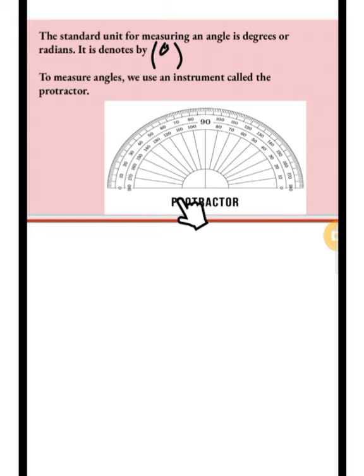See here, it has two scales, the outer scale and the inner scale. Both the scales have 0 degree to 180 degree. Let us see from this right side. We start from 0 and it ends at 180, so we call it 0 degree to 180 degree.